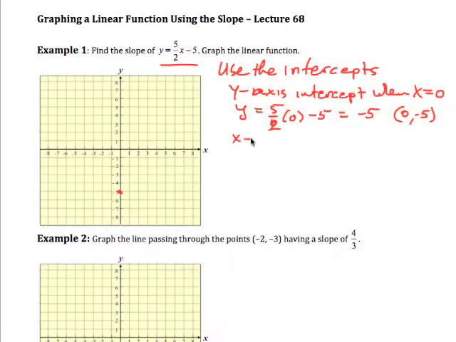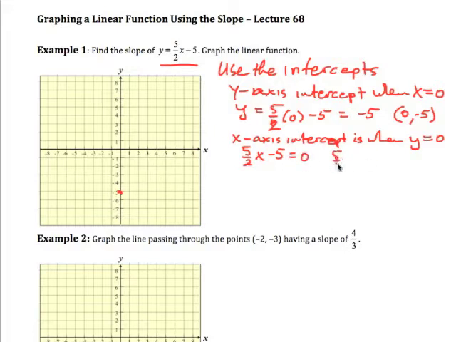Right, now the x-axis intercept is when y equals 0. So when y is equal to 0, we have 5/2 x minus 5 equals 0.